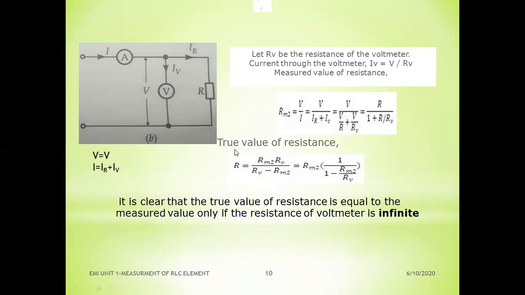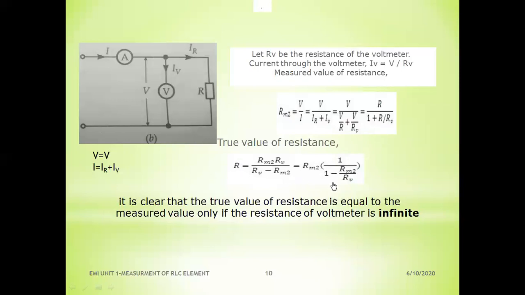Now, when we calculate the true value of resistance, from this equation, Rm2 is equal to R divided by 1 plus R by Rv.